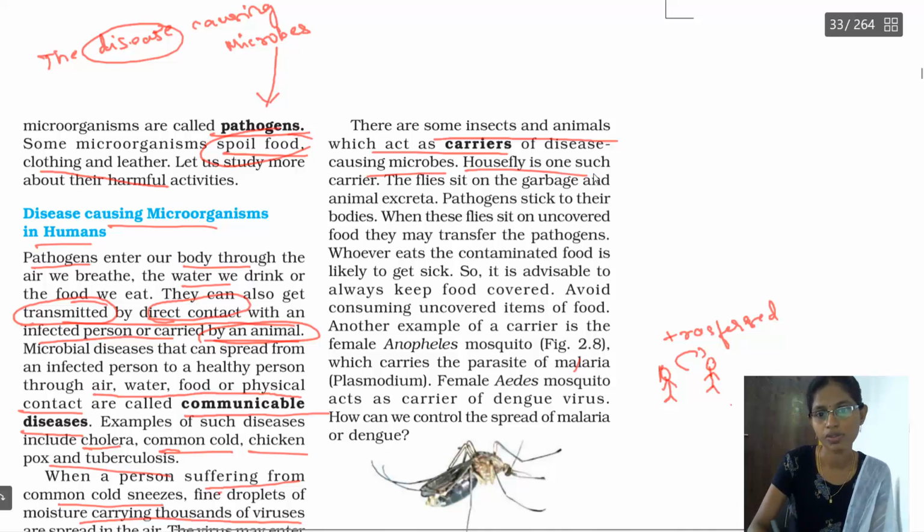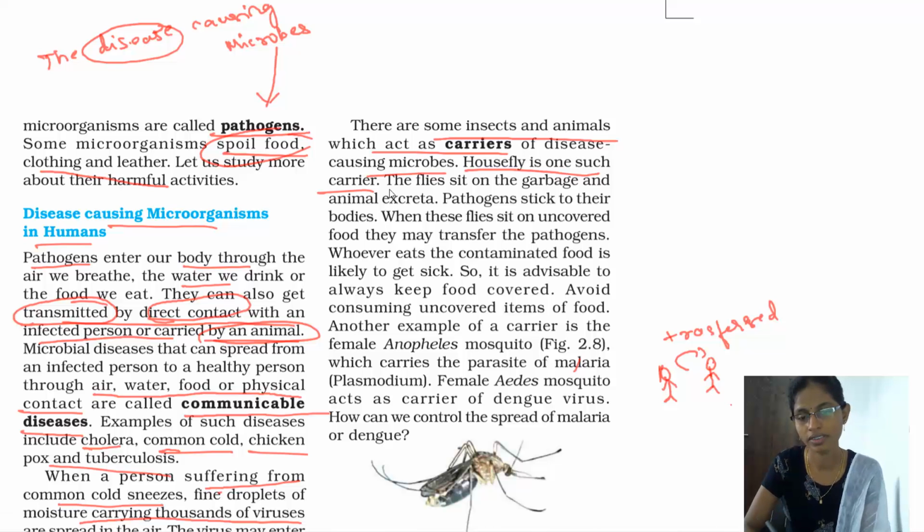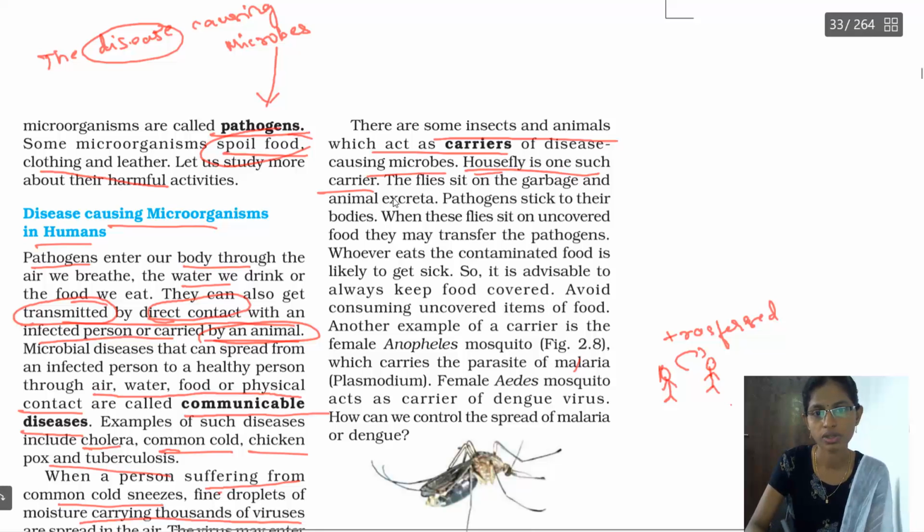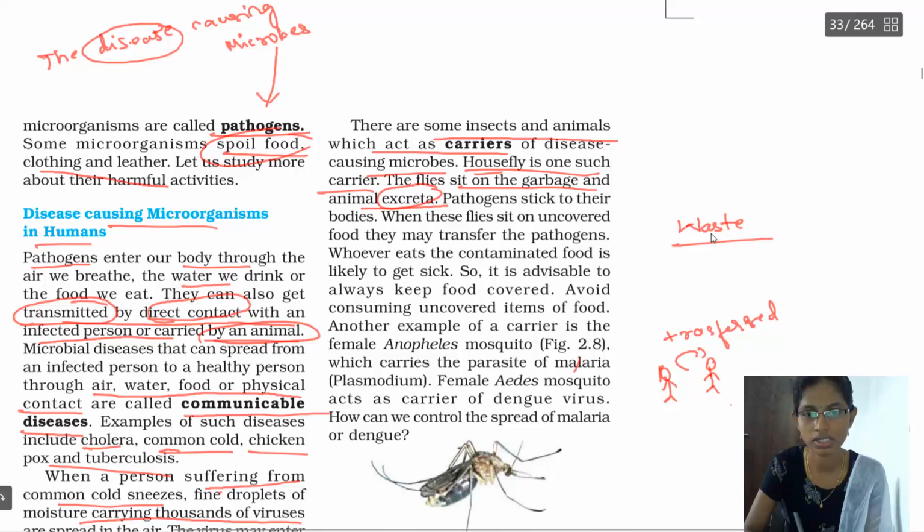For example, the housefly is one such carrier. A housefly is a very small fly that sometimes flies near your eyes, causing irritation. These houseflies sit on garbage and animal excreta. Excreta is nothing but animal waste, animal dung.